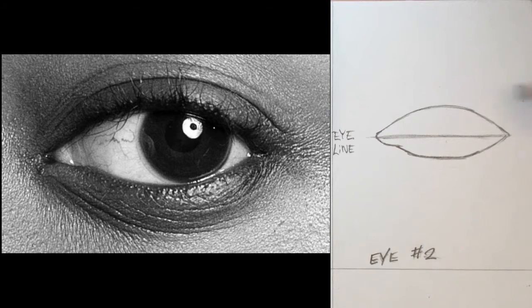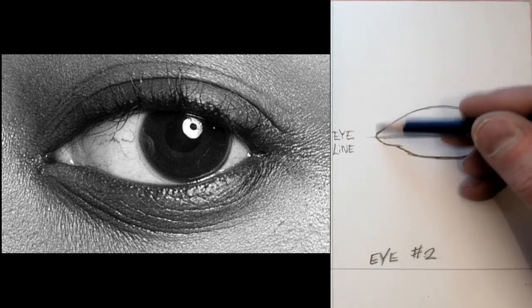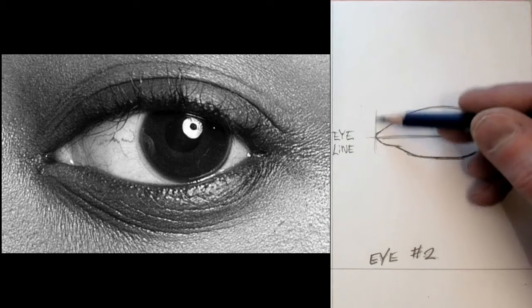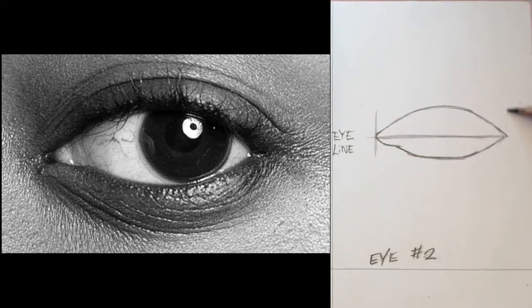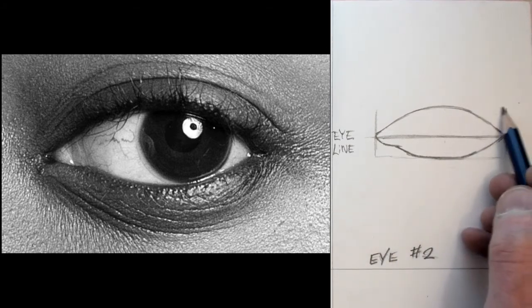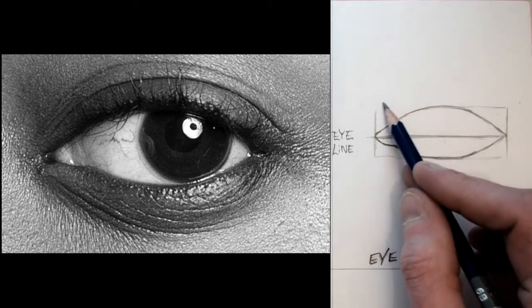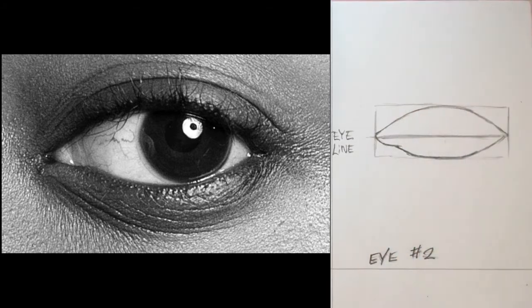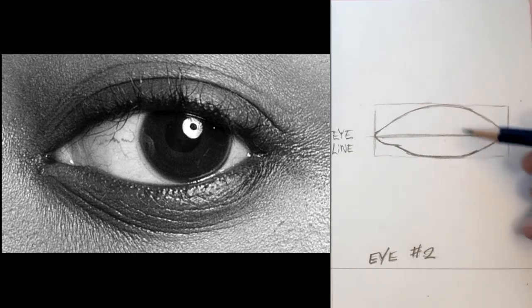Now, what I'm going to do next, I need to find roughly the middle of this space. Just imagine that this eye has been drawn in what we could consider like a rectangular box. Within this box, we want to split it in two.